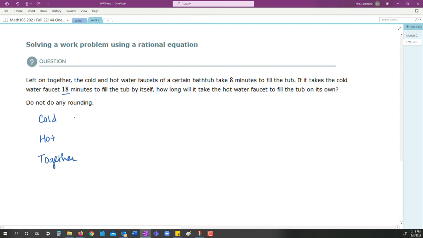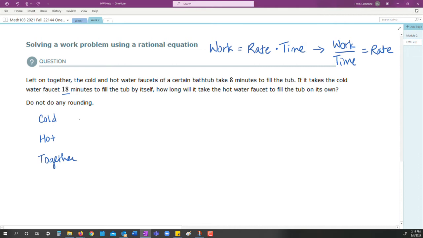So its rate of work, let me write it like this. The amount of work or the amount of the job is always equal to the rate times the time. And you can rearrange this and divide both sides by time, so the amount of work divided by time is the rate or the speed that faucet or whatever is working.